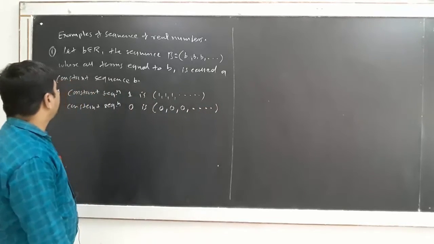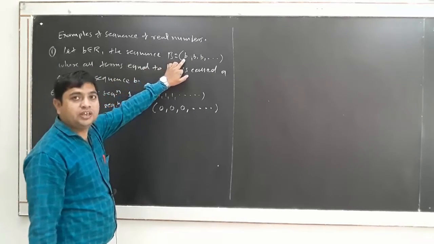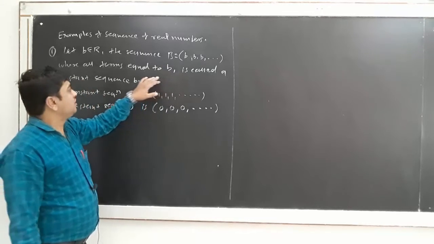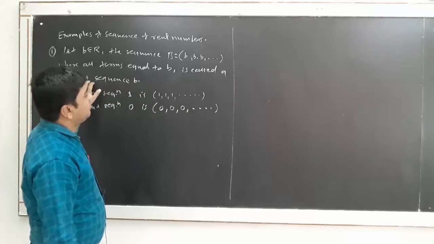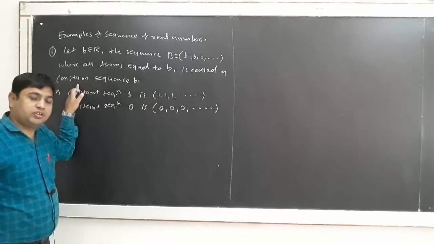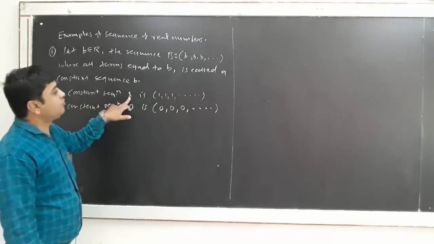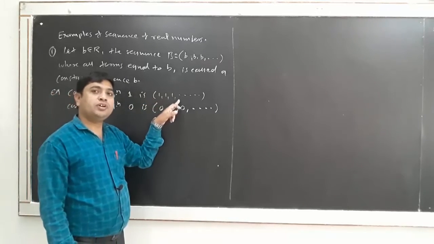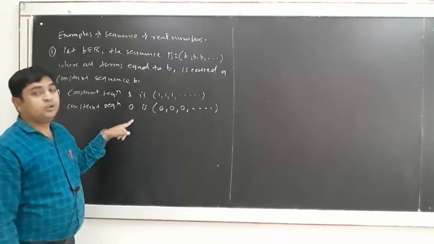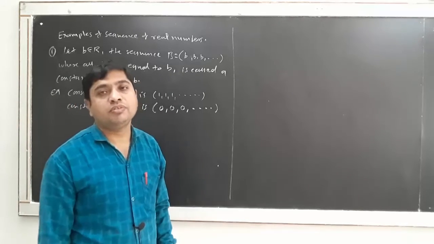That means the sequence whose all terms are equal to b is called a constant sequence, and it is of course a sequence of real numbers. For example, constant sequence 1 is 1, 1, and so on infinite times. Similarly 0, similarly you can write any number. Constant sequence means all terms are equal.